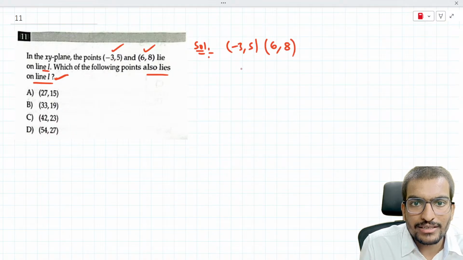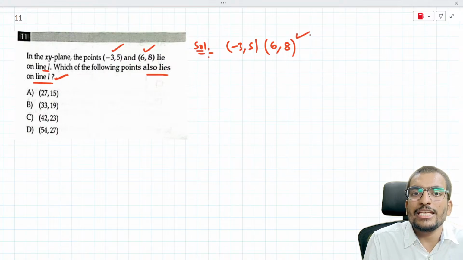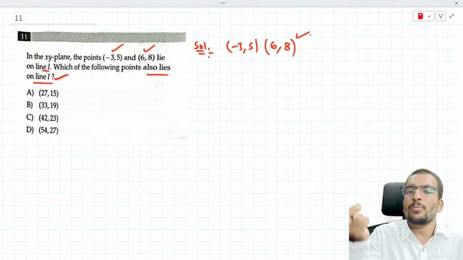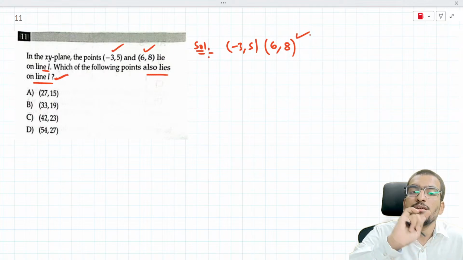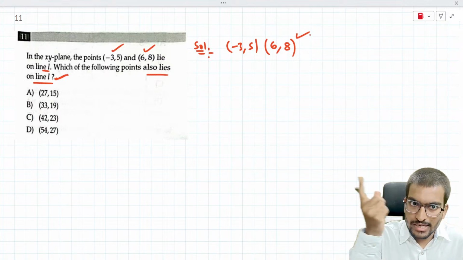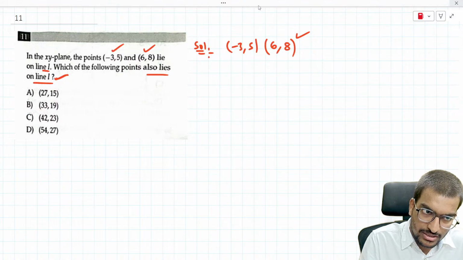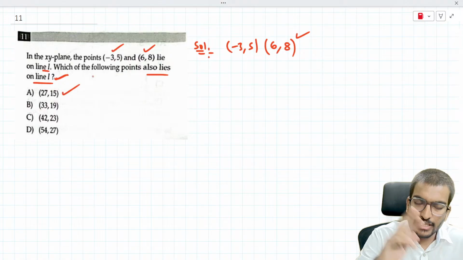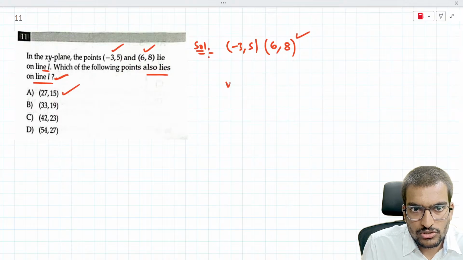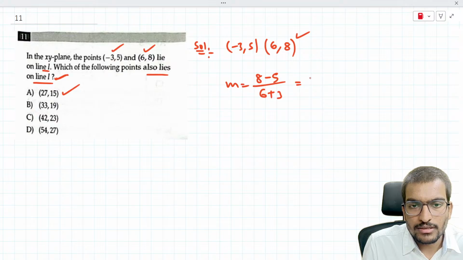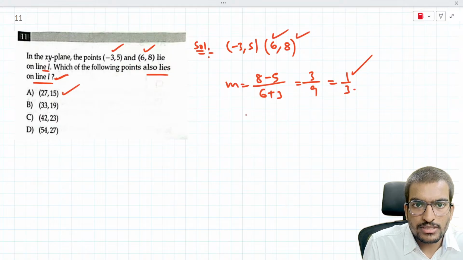We can get the slope, and we can take any point, and using the point slope form we get the equation, and then substituting these points into the equation, we check whether they are working or not. So what is the slope now? 8 minus 5 by 6 plus 3, 3 by 9, which is 1 by 3. Now I use this slope and the point (6, 8).